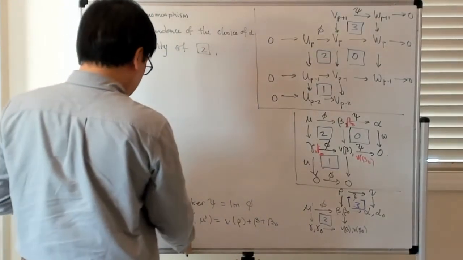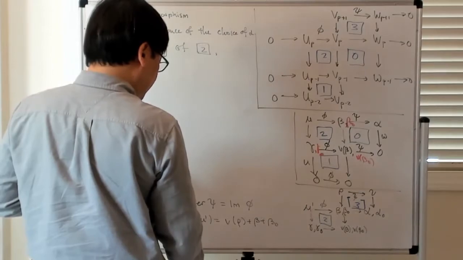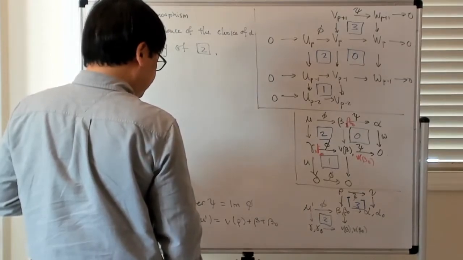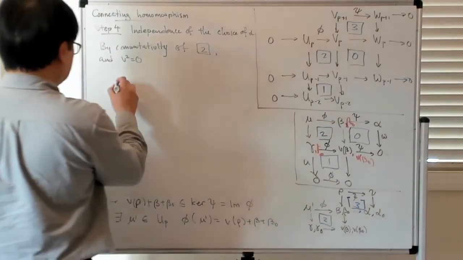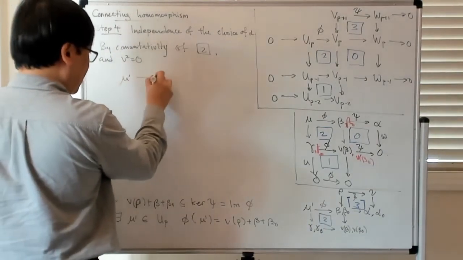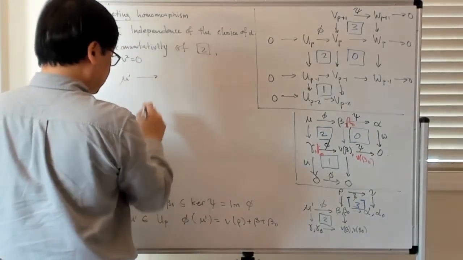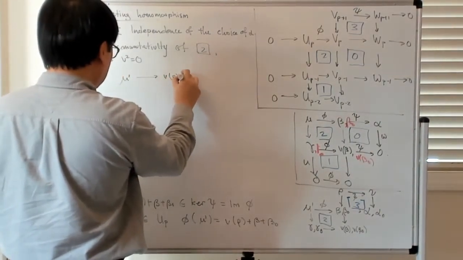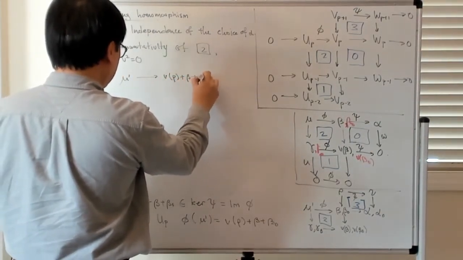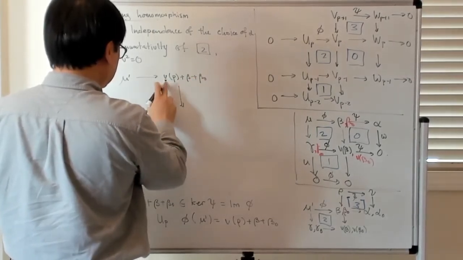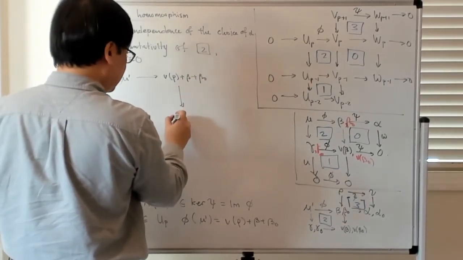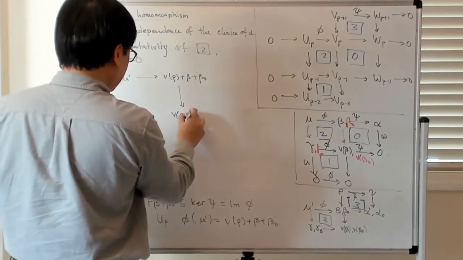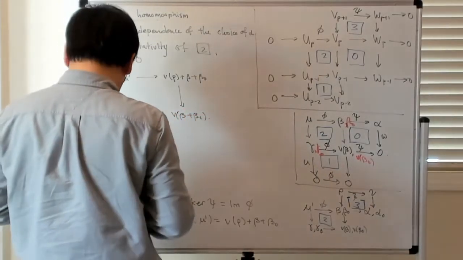So mu prime maps to V rho plus beta 0. This maps to 0, so you just have V of beta plus beta 0.